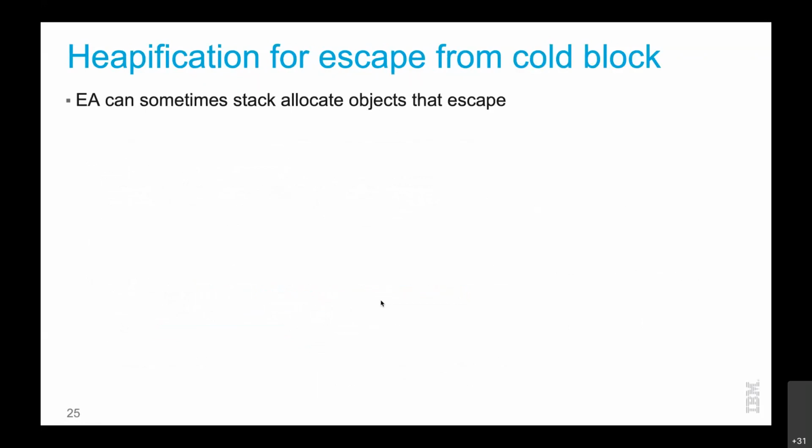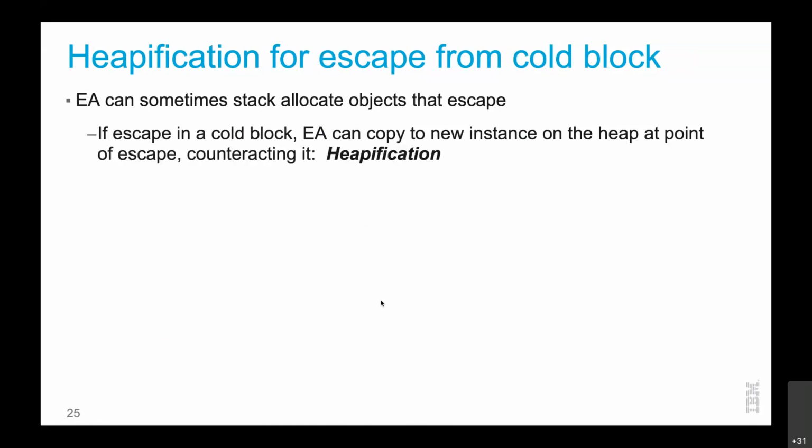Now, we've seen a special case where escape analysis is able to deal with something that would ordinarily look like an escape, through peeking. Here's another case where EA is able to deal with something that would ordinarily be considered to escape, and that's in situations where the escape happens in a cold block.